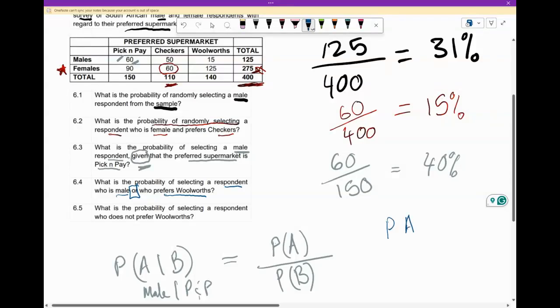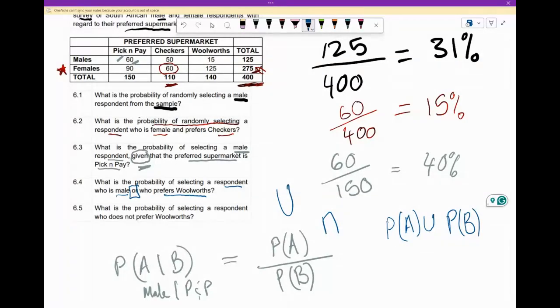She's basically saying probability of A union, probability of B. What's the U for? Union is the U, you could say, whereas the upside down one is the intersection, which means it is in both A and B. No, it's a union.